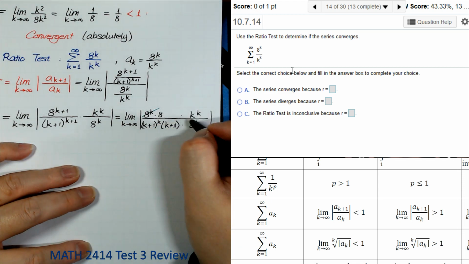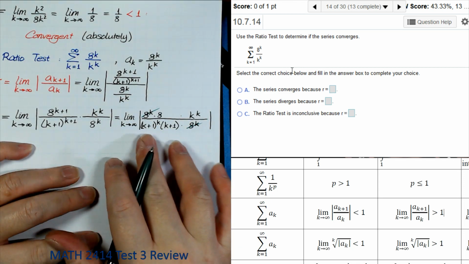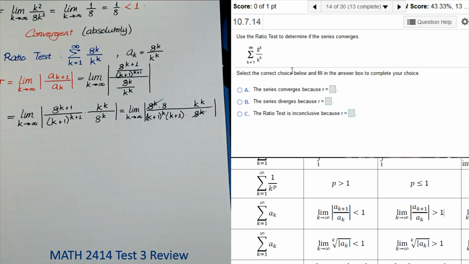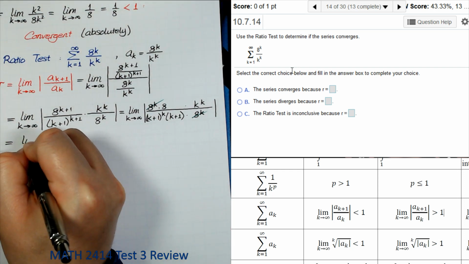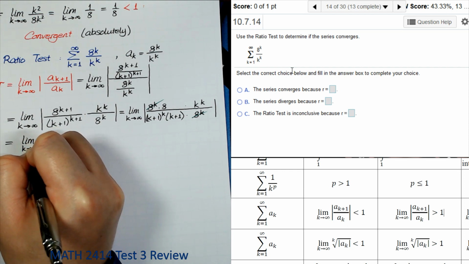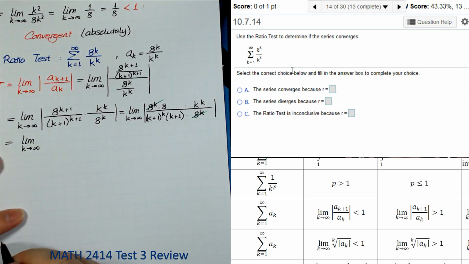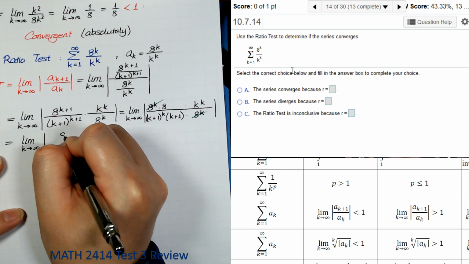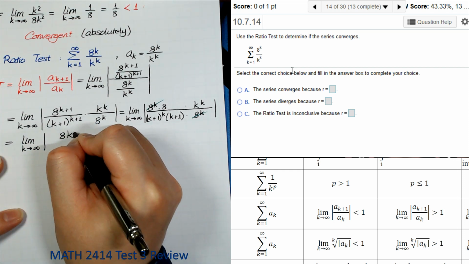Right, this can cancel. We cannot really cancel anything here. So on the top we have 8 k to the k.